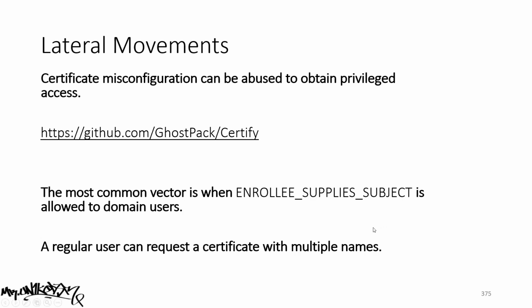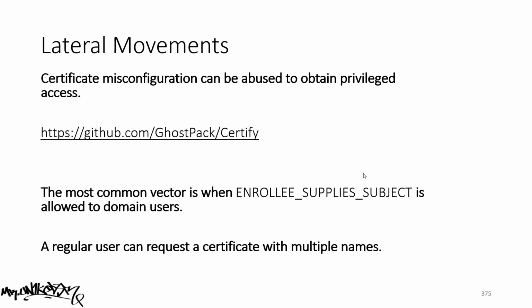The beauty of enrollee supply subject is that if you actually have a certificate, you're allowed to have an alternate name inside of the certificate. So you can be like, hey, I would like to have a certificate for Charles and admin. The reason why it's a vulnerability, actually it's a misconfiguration more than anything else, is that all users are allowed to add another one.